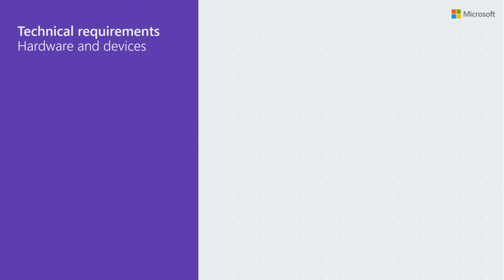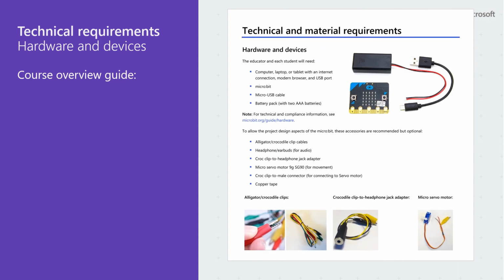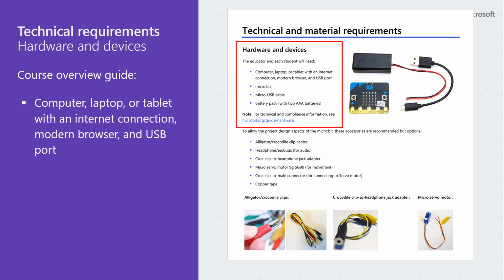Now, the technical requirements are in the course overview guide, but the educator and each student will need a computer, a laptop, or a tablet with an internet connection, a modern browser, and a USB port, and possibly an adapter if necessary.